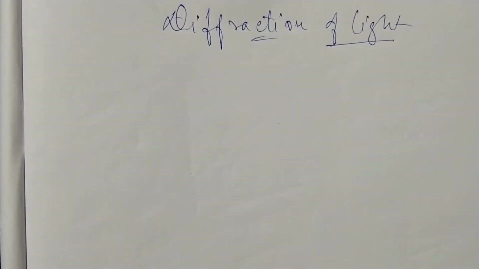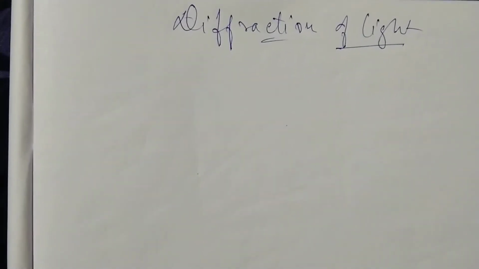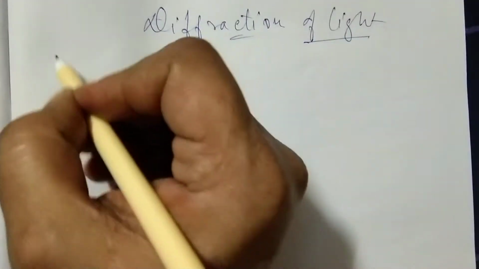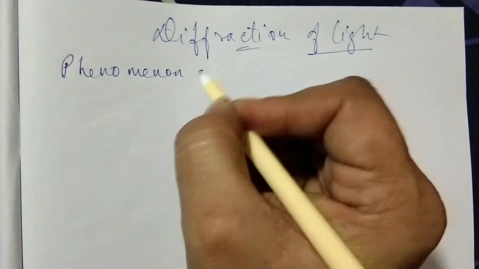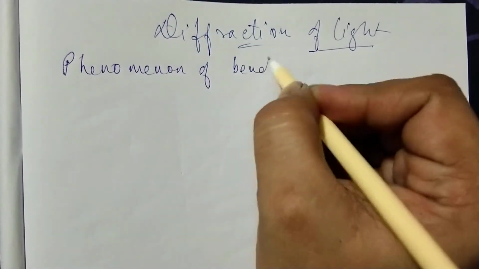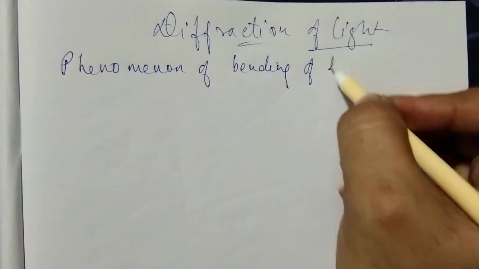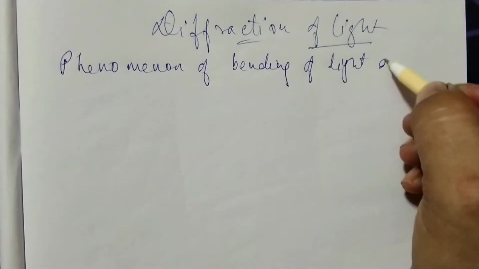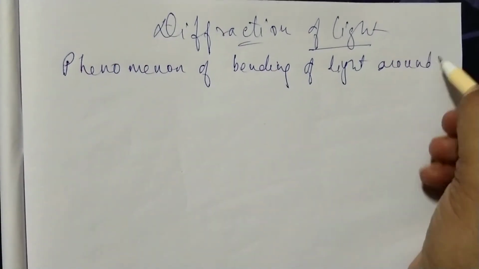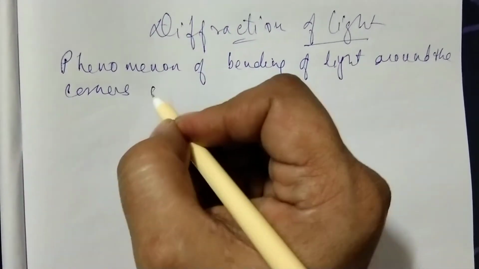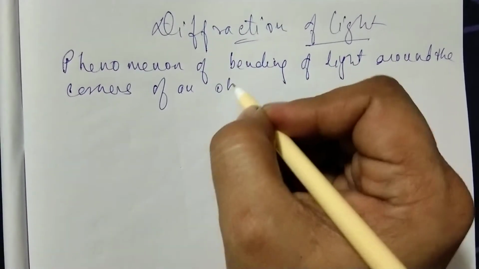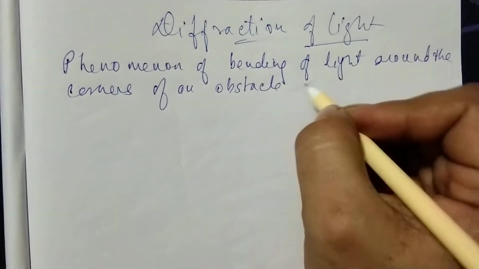This phenomenon of bending of light around the corners of an obstacle or aperture is called diffraction.